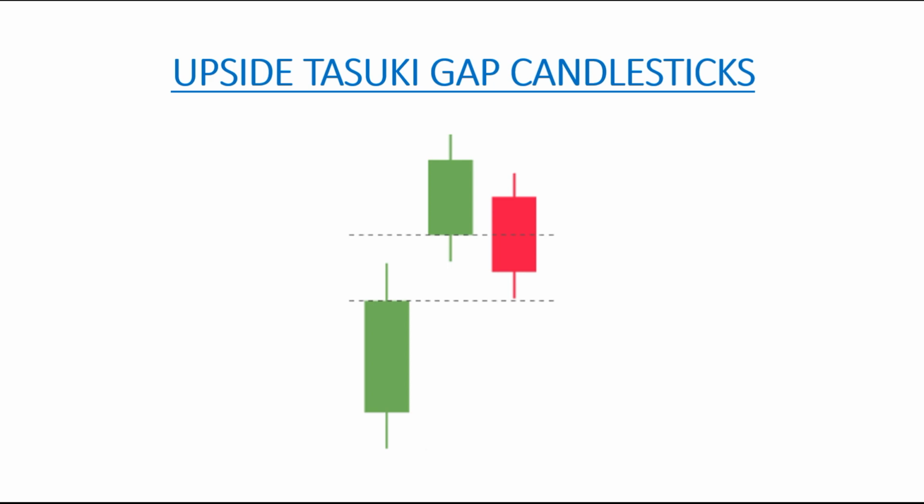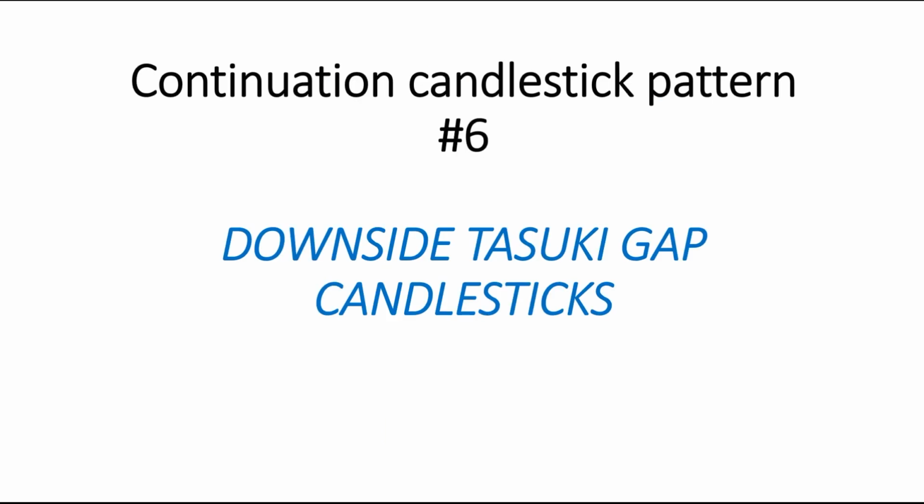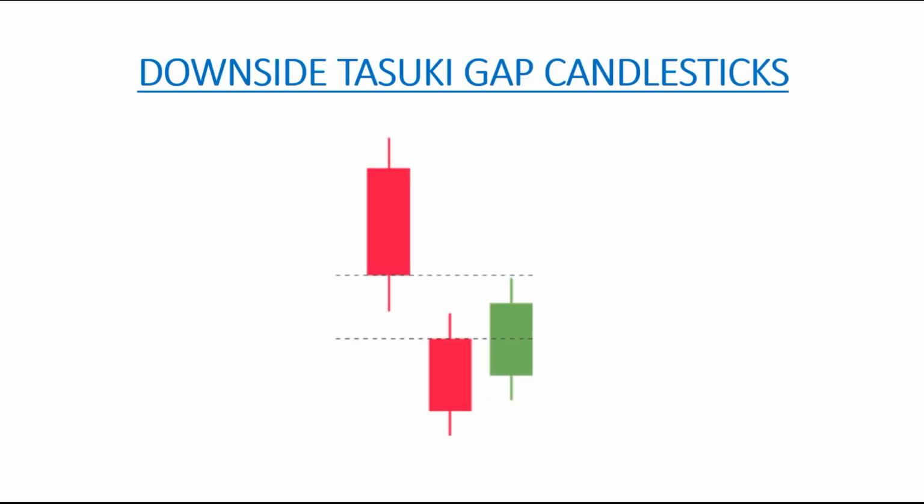The first candlestick is a green bullish candlestick with a long body, and the second one is also a green candlestick, and it's formed, very important, after a gap up. So the third candlestick, the red bearish candle, closes in the gap that was formed between the first 2 green candles.